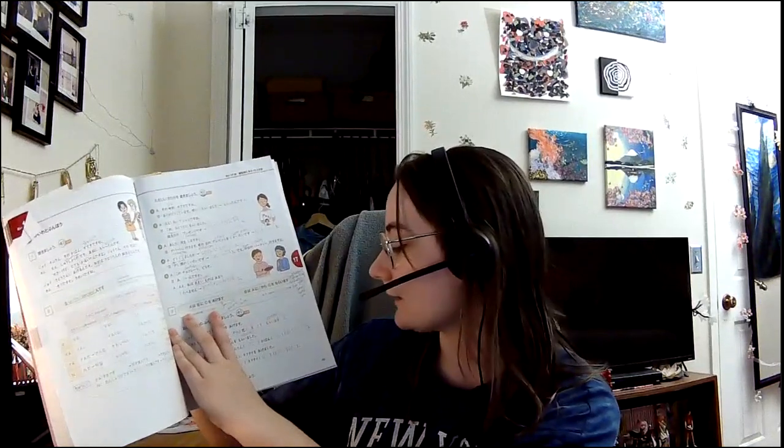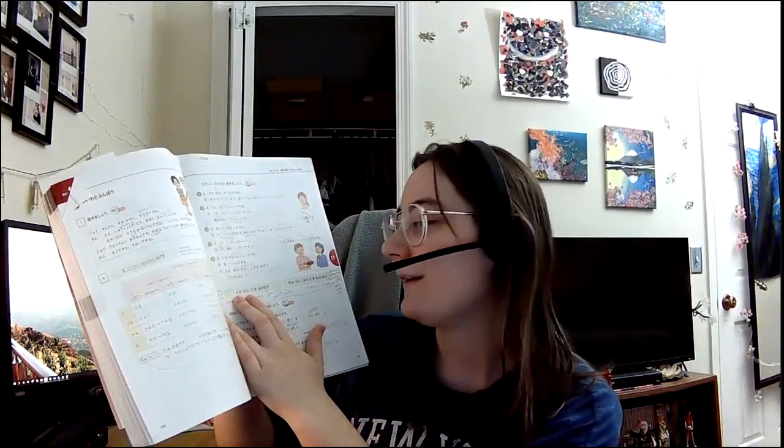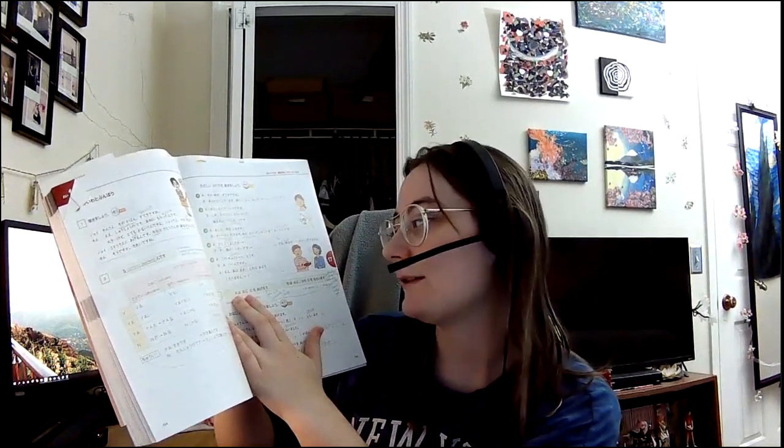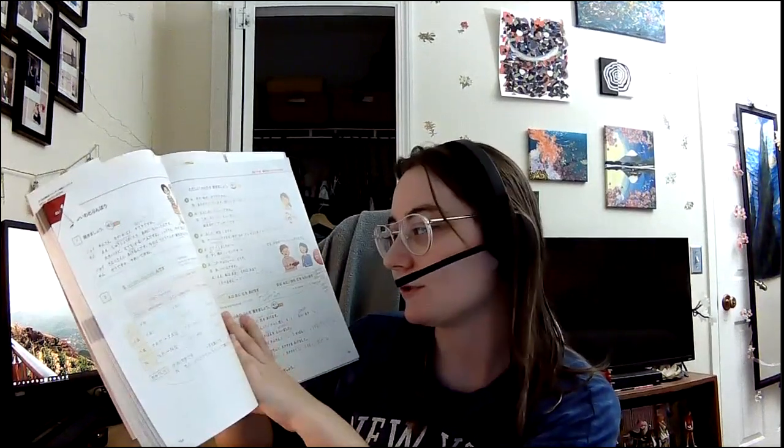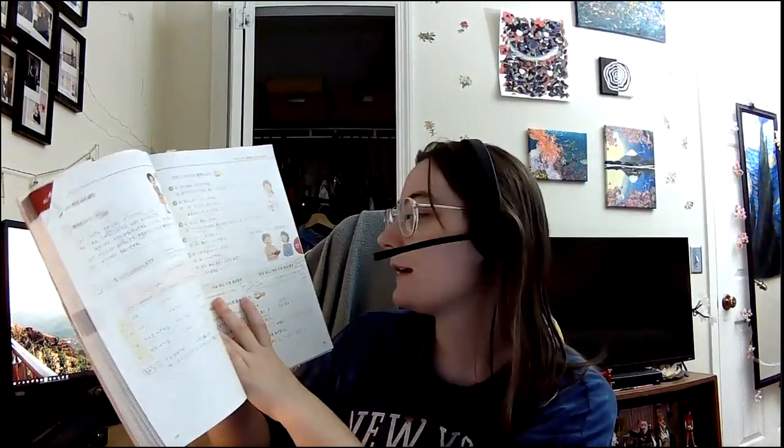Same page, 155. Right here in the middle of the page, it says A wa B ni C o agemasu. So that's when you're giving and receiving. So when you give someone something is when you would use this sentence.